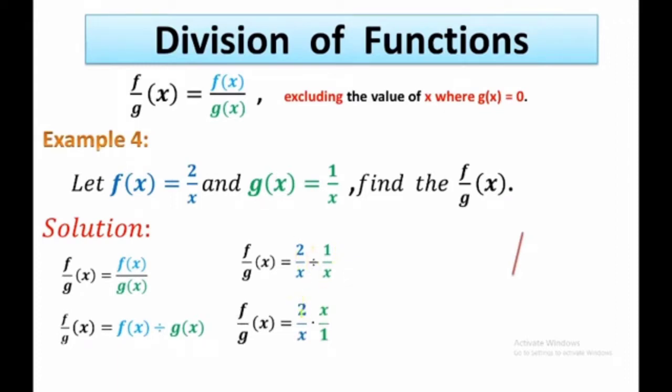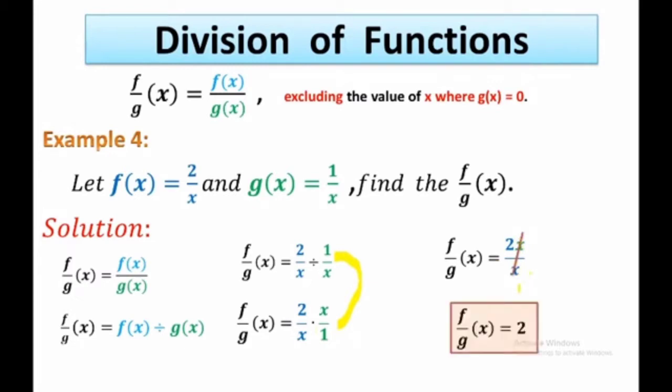So we have 2 over x times the reciprocal of 1 over x, which is x over 1. So 2 over x times x over 1. Then f over g of x is equivalent to 2x over x. Now 2x divided by x is equal to positive 2. We already solved this earlier in our example, the 2x divided by x.